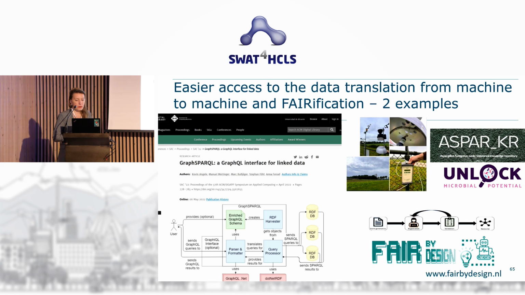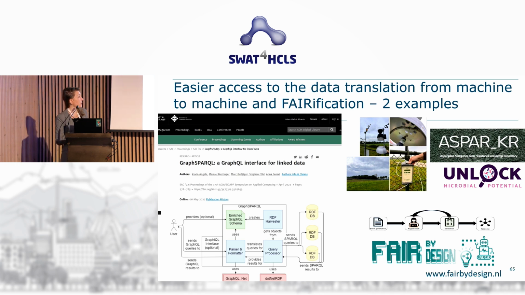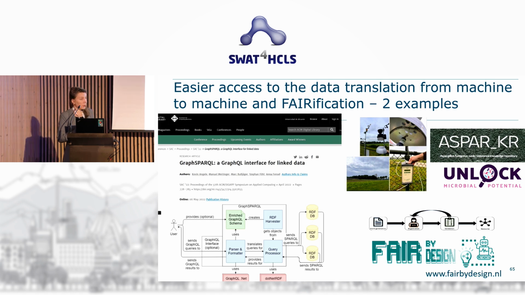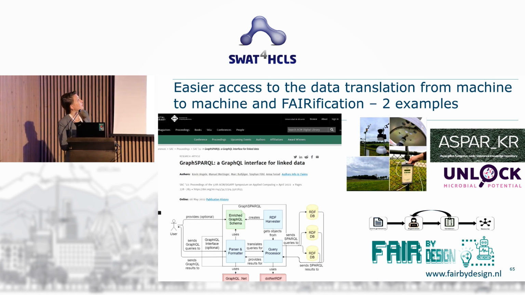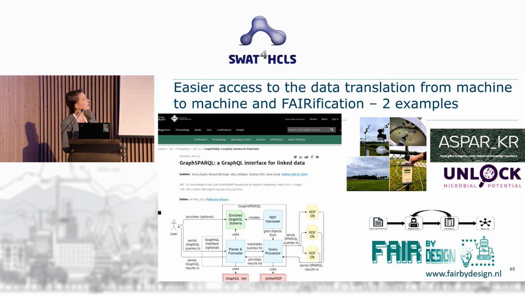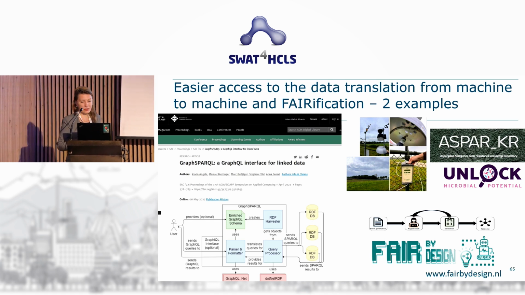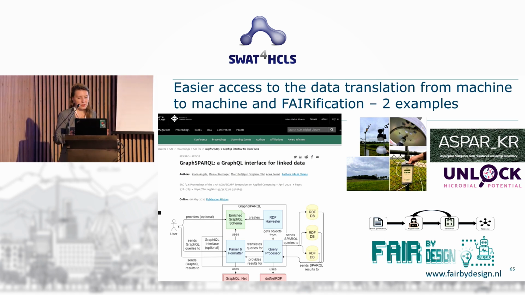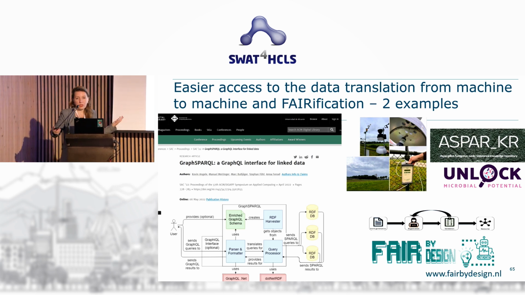We also look at different solutions and platforms, and sometimes even design them myself. For example, quite often in some of the use cases we wanted conversion between GraphQL and SPARQL, and we made a tool which handles this.